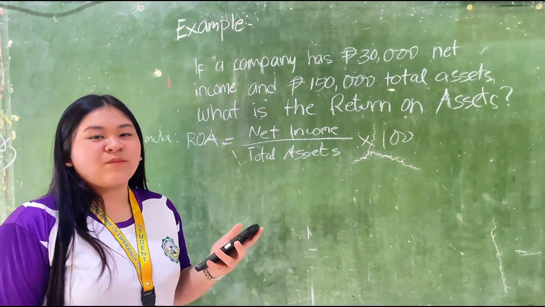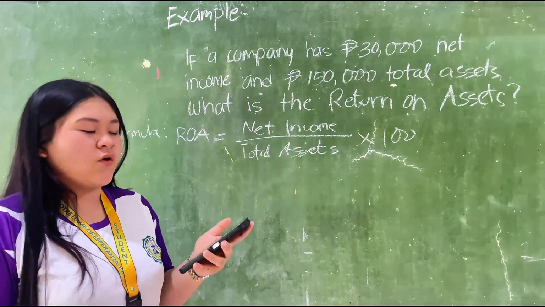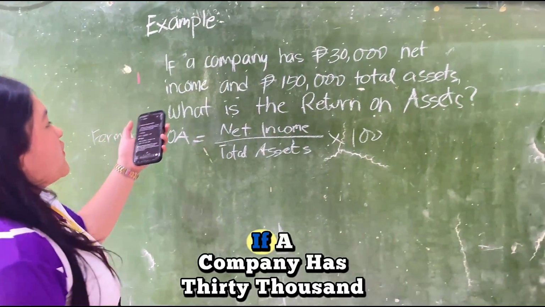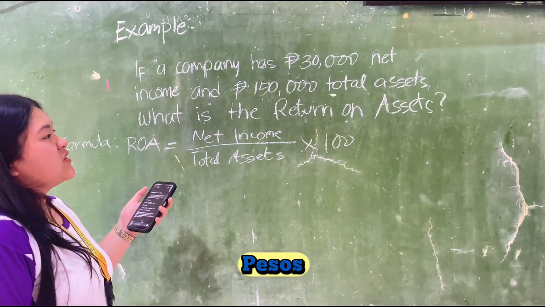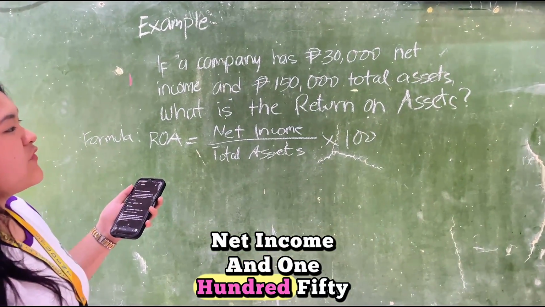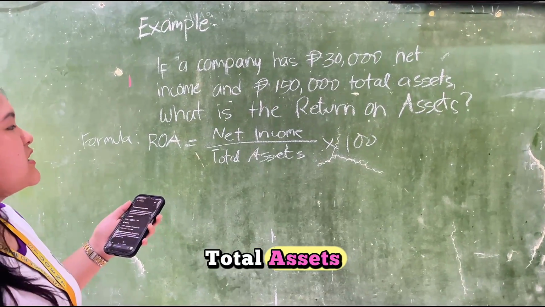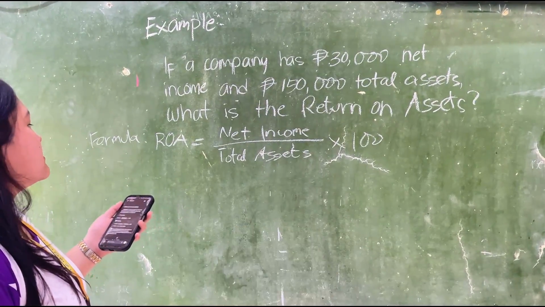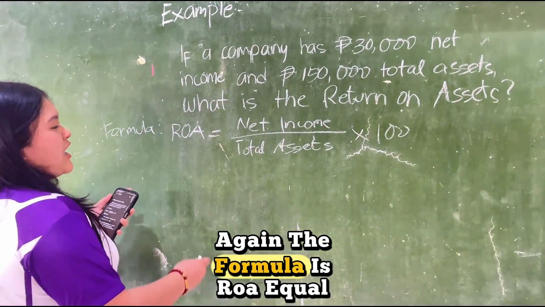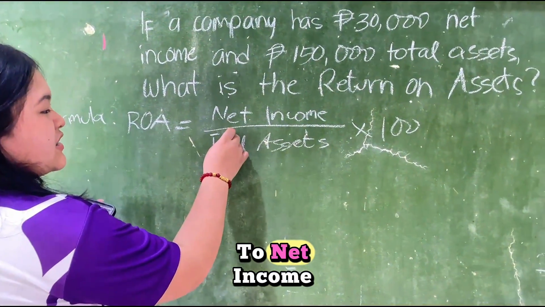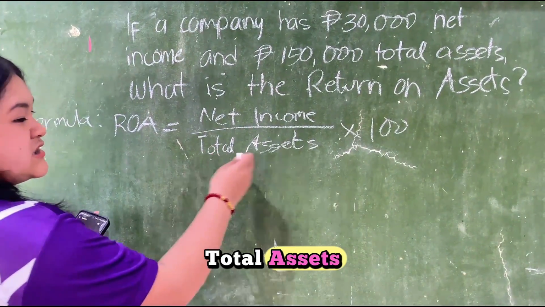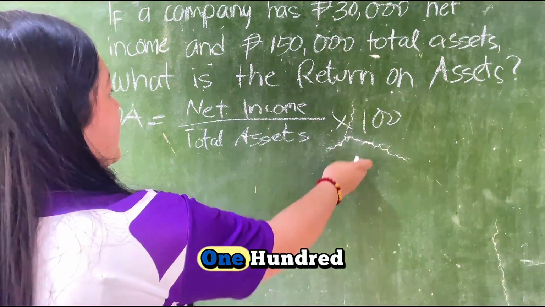So here's the example of a solving problem of ROA. If a company has 30,000 pesos net income and 150,000 pesos total assets, what is the return on assets? So again, the formula is ROA equals net income all over total assets multiplied by 100.